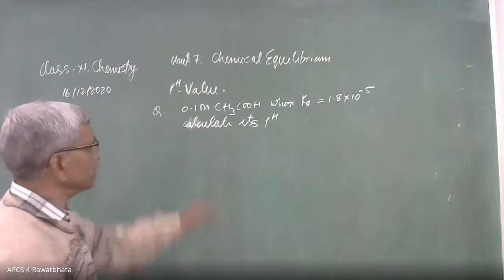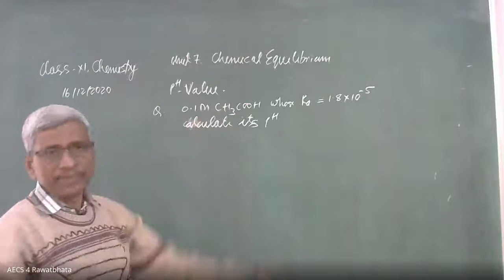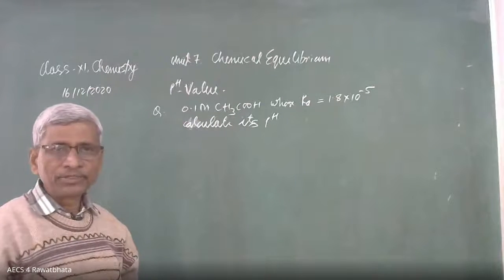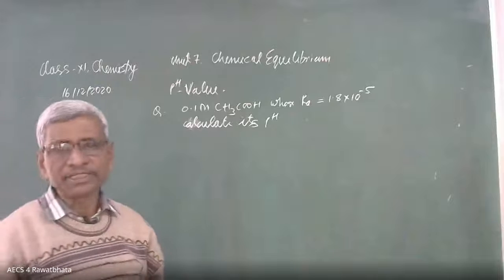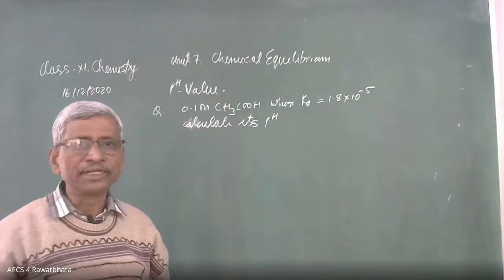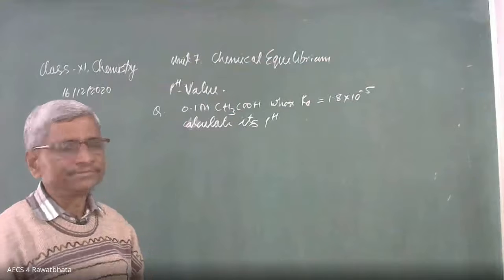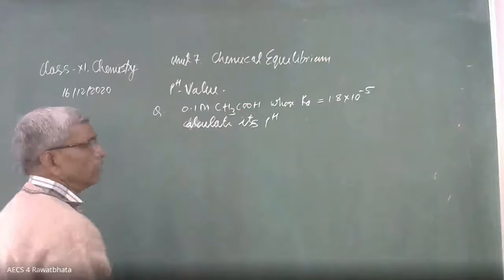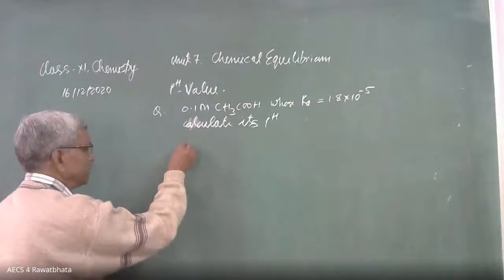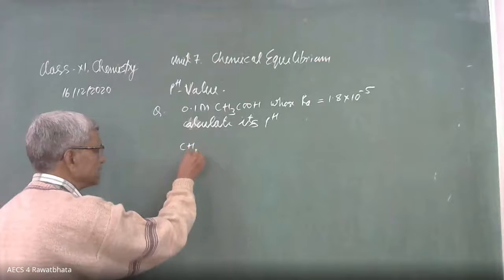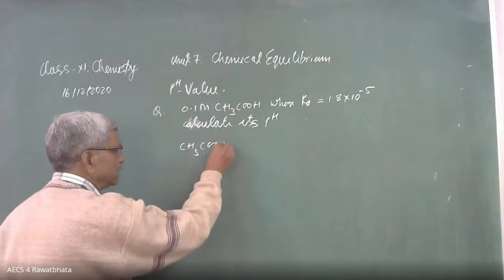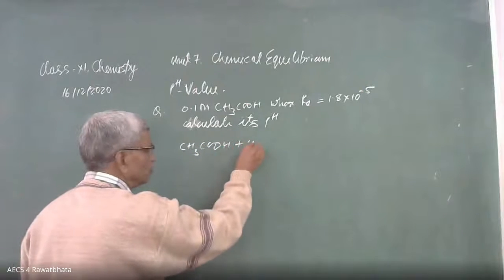And we also know acetic acid is a weak acid. Carboxylic acids, organic acids, they are weak acids. They are not strong like mineral acids, HCl, HNO3, H2SO4. These are the strong acids. How to find it? Let me write its ionization process. CH3COOH plus H2O.